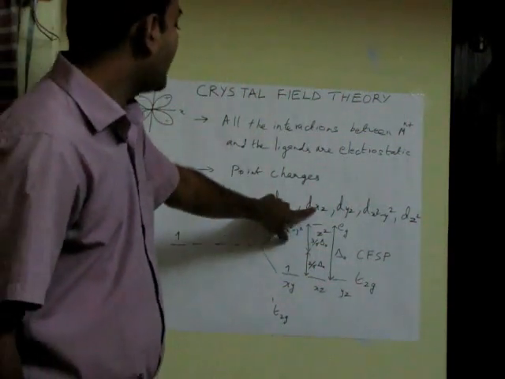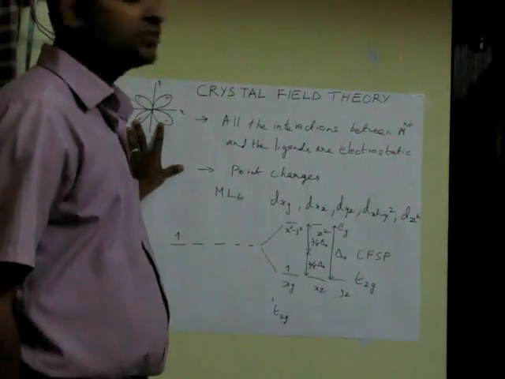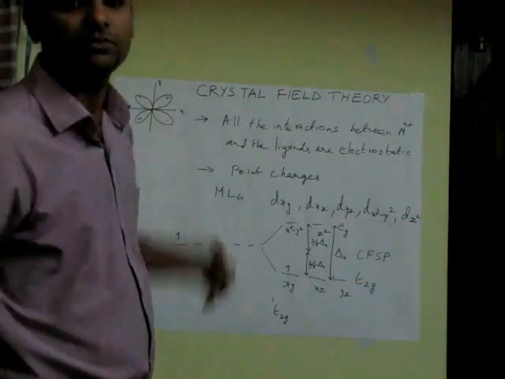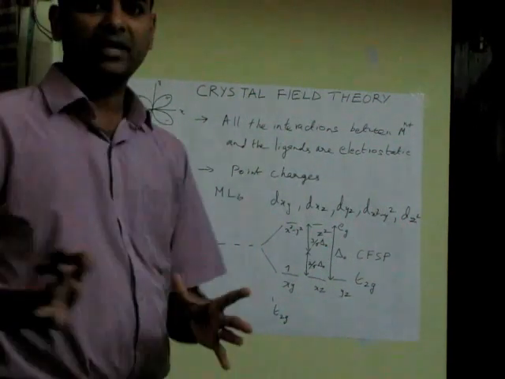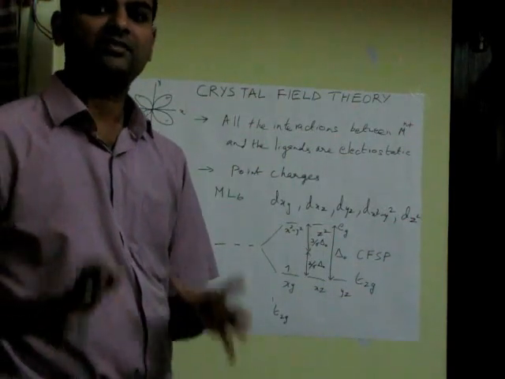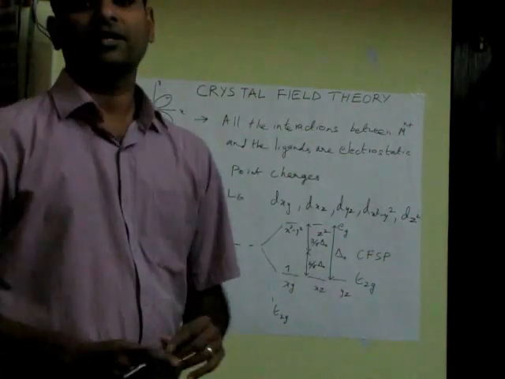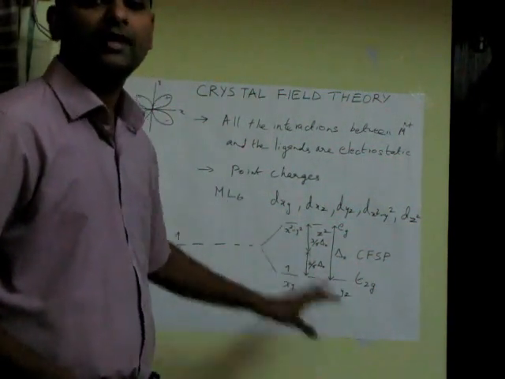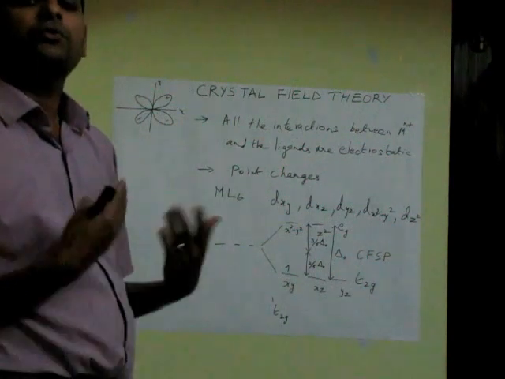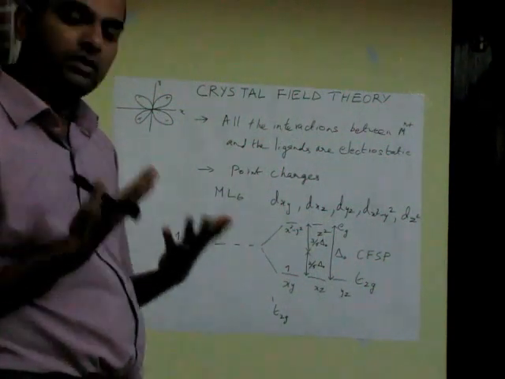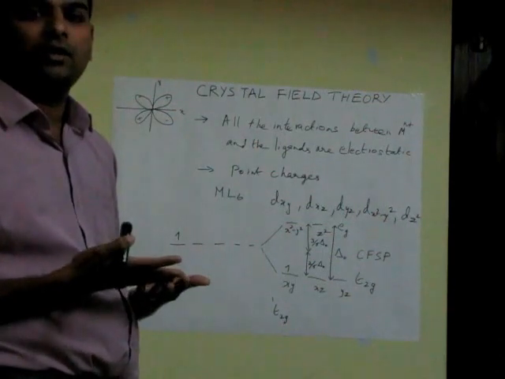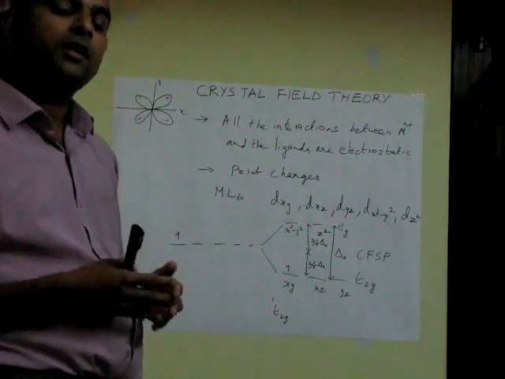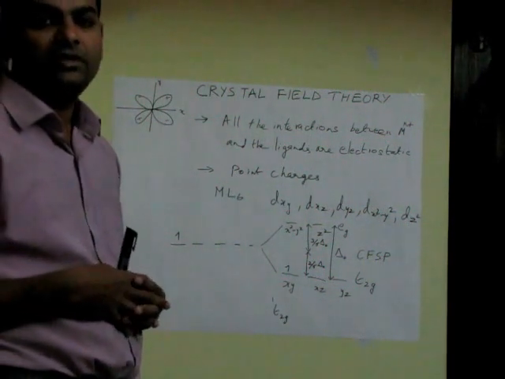Now dxz and dyz are very similar to this, except one of the Cartesian axes is different. So this is the basis of crystal field theory as applied to an octahedral complex. Similarly, such splitting diagrams can be developed theoretically for complexes in tetrahedral geometry or square planar geometry, and various other geometries can be easily considered.